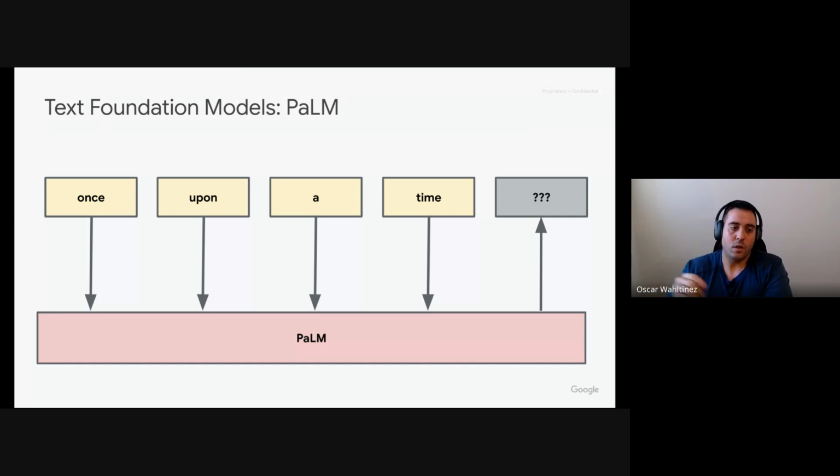Then you go on and on until you have a full sentence, a full paragraph, or even a full document. This is why in many cases you see some of these models being used in a way that is almost streaming, with the words typing one at a time. Well, it's not that the model is actually typing. It is predicting one word at a time, and it needs the previous sequence of words to predict the next word, including the word that it just predicted.